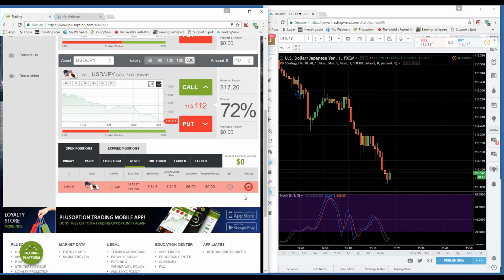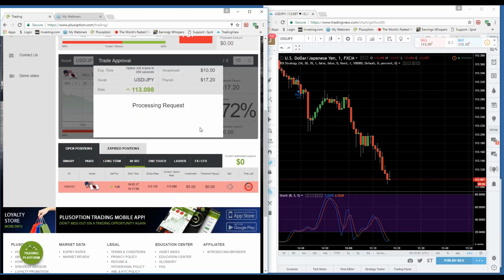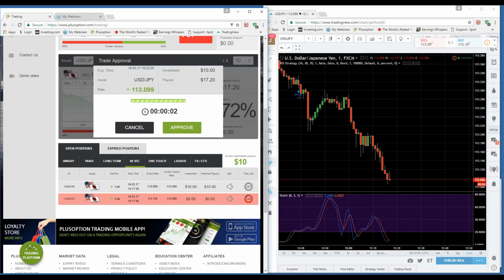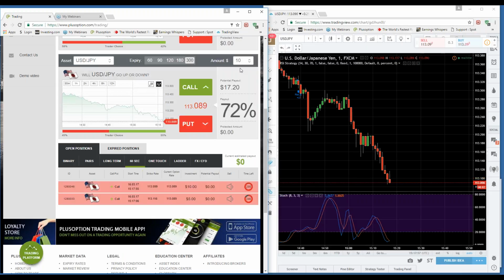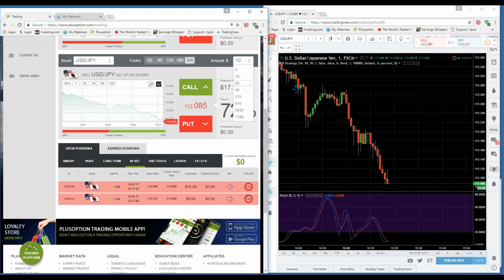It's also good to bear in mind that we have 5 minutes here, so we don't want to go too fast. So even though we are 5 pips different, well, we're 10 pips different right now, 16, so I'm going to go ahead and take that second trade. And immediately get my next value ready.